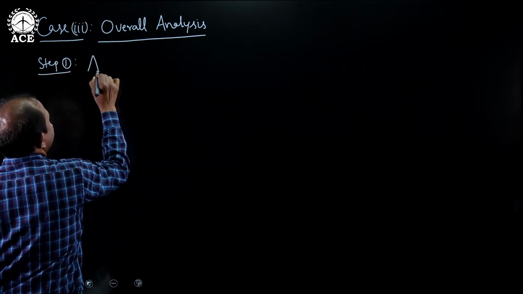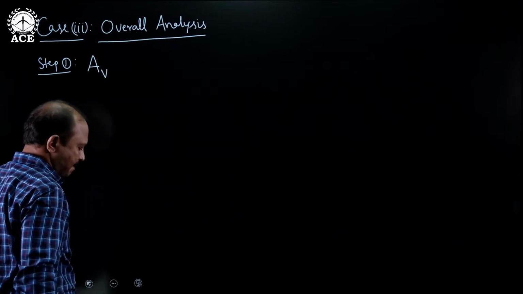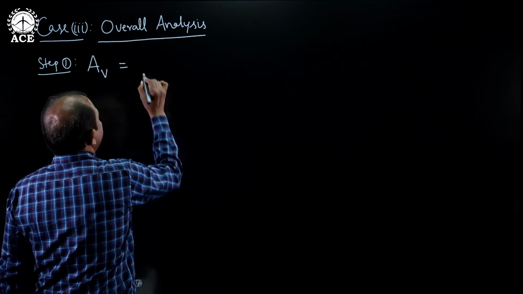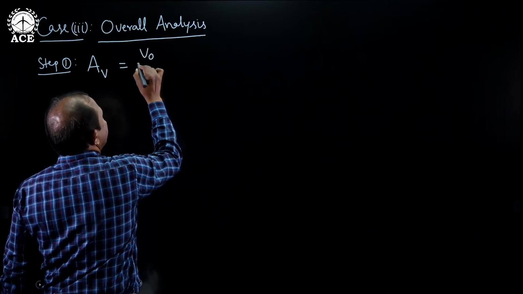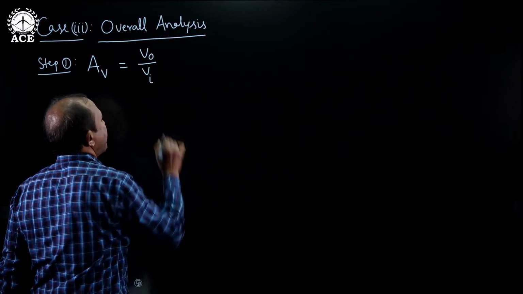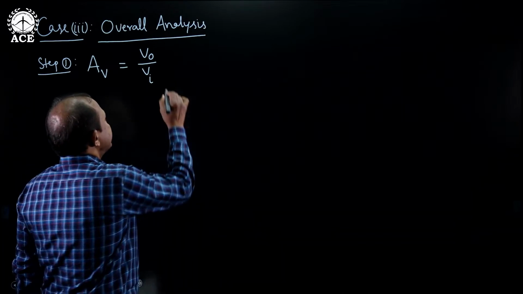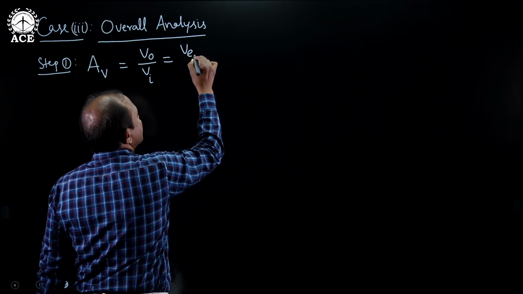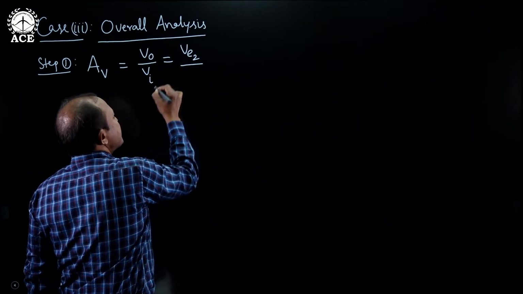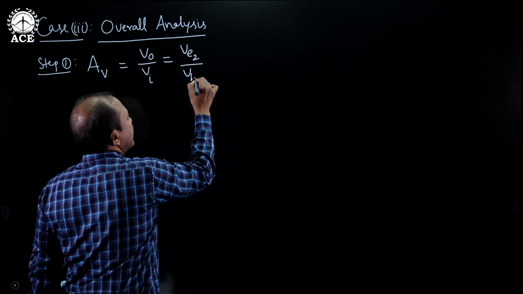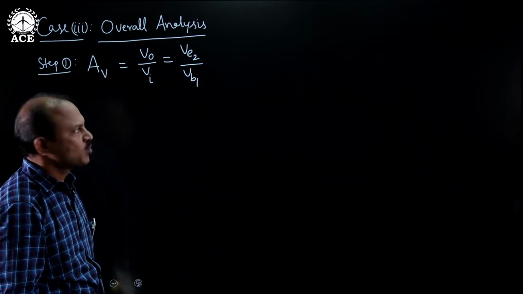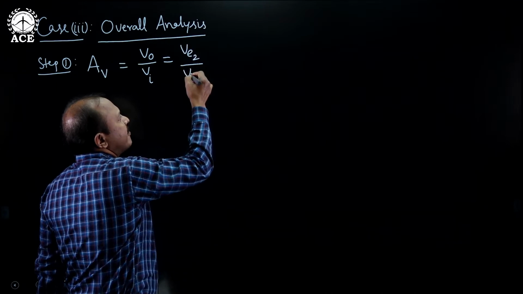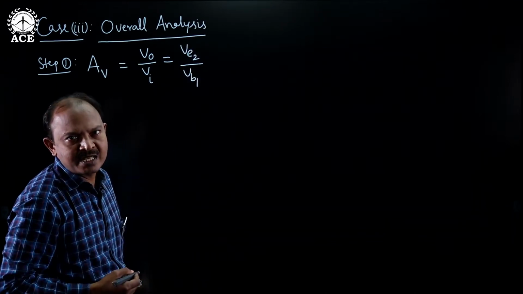I will write it as AV. Of course, AV, overall voltage gain, means general formula is V0 by Vi. That means second stage output voltage is VE2 by first stage input voltage is VB1. That means, of course, VE2 by VB1, there is no ready-made formula for this for us.